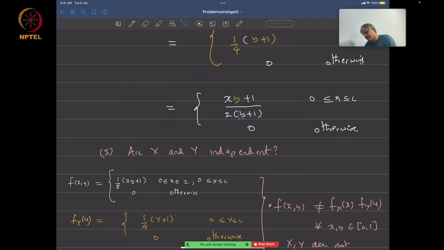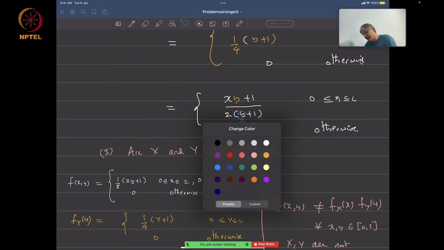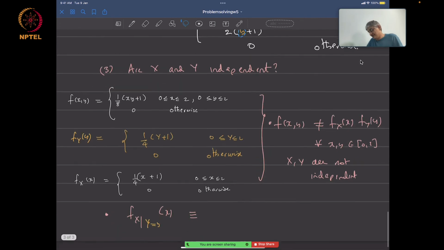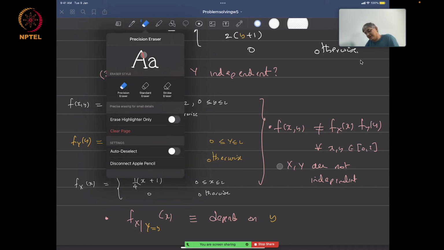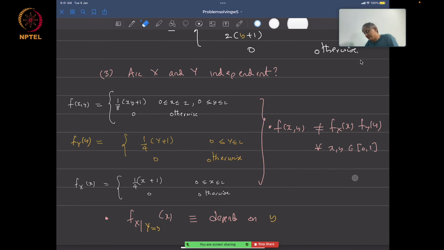So it depends on y. As y changes, the density changes. So this depends on y. So this also will immediately imply that x and y are not independent.